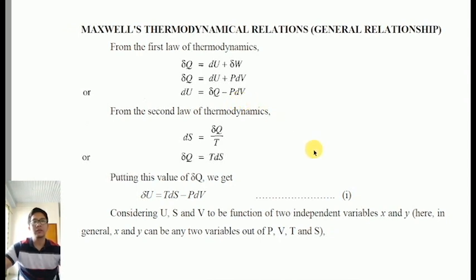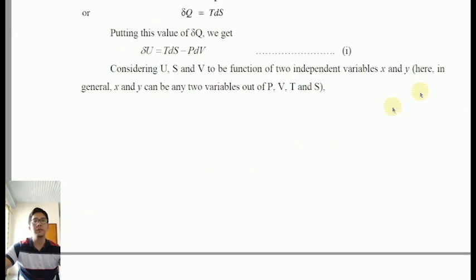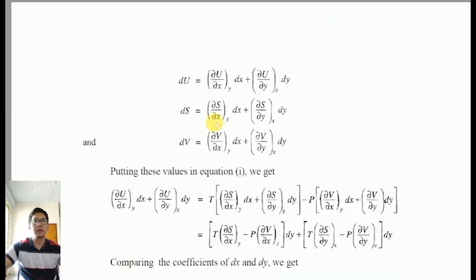Now let us consider two variables, x and y. Here x and y in general can be any two variables out of pressure, volume, temperature and entropy. That is, we are going to generalize the equation. Then here we have internal energy, entropy and volume.